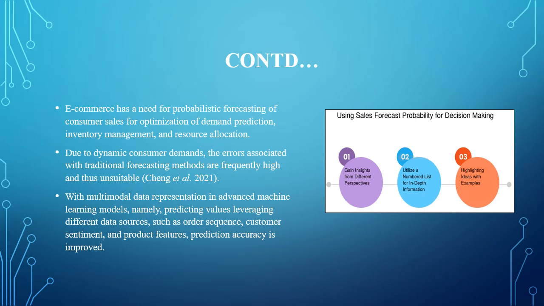With multimodal data preparation in advanced machine learning models, leveraging different data sources such as order sequence, customers, and product features, prediction accuracy is improved. These give insights from different perspectives, with in-depth information and highlighted ideas, using forecast probability for decision making.